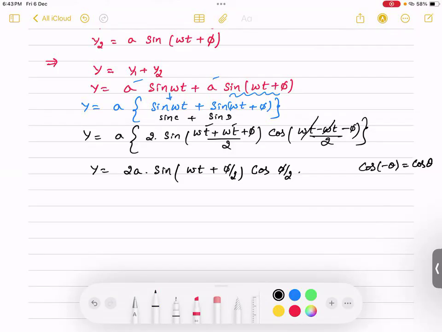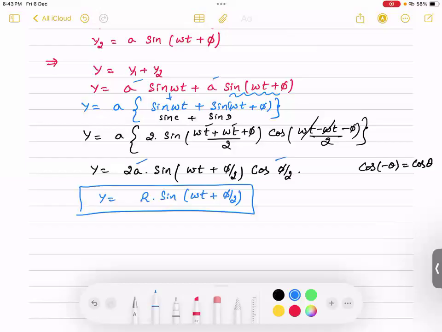Cos theta, no? So this 2A cos phi by 2, I'll replace it as R into sine of (omega t plus phi by 2).